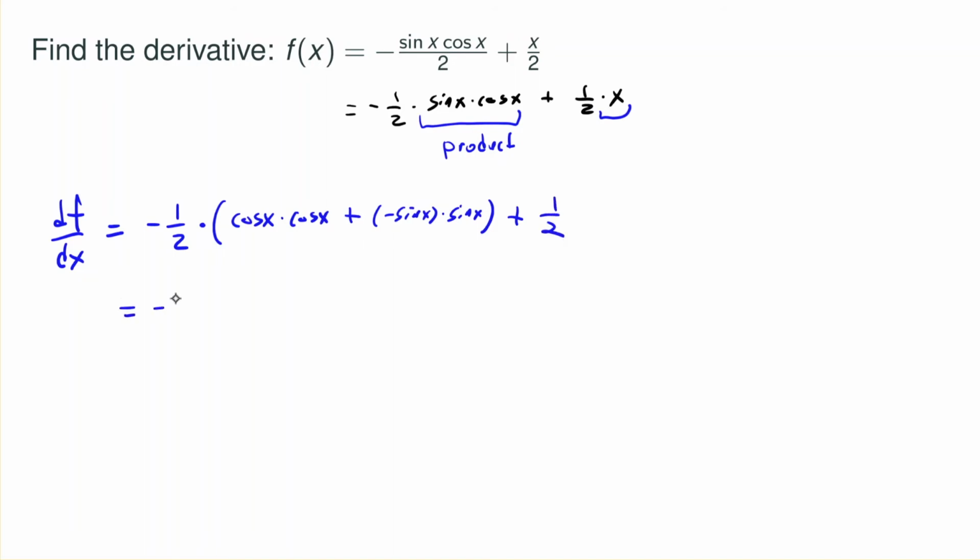So let me simplify it a little more. This one we get cosine squared x minus sine squared x plus half.